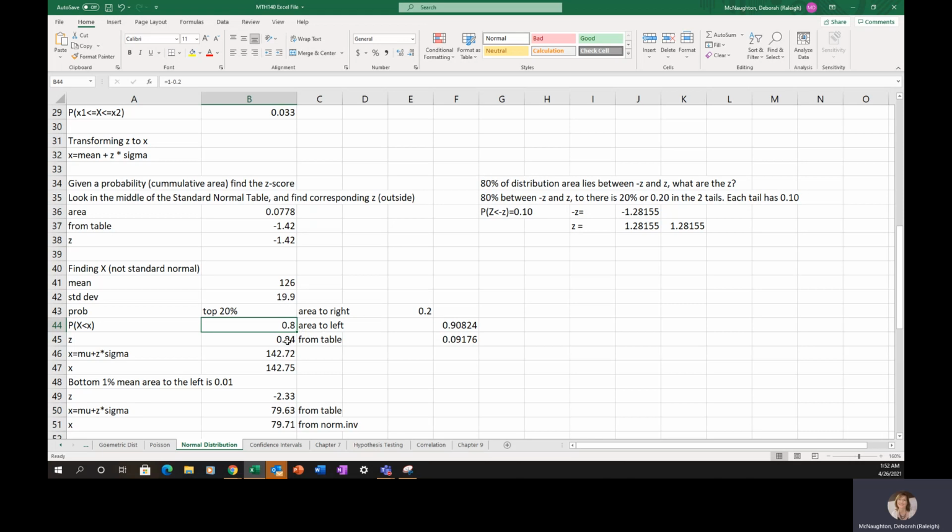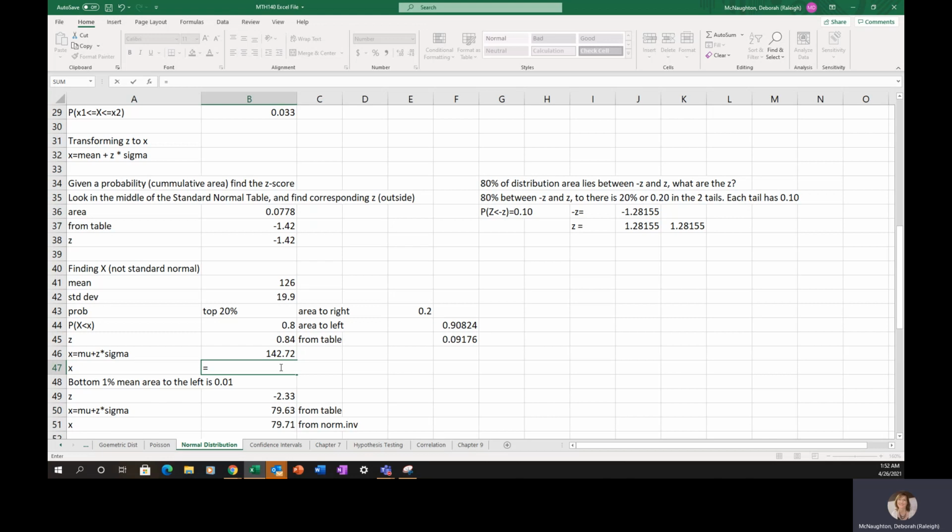So here, you can solve this by finding the z-score. So I could find a z-score and then again use this conversion, but I don't need to do this. I can just find it right away. So this is where I did that.